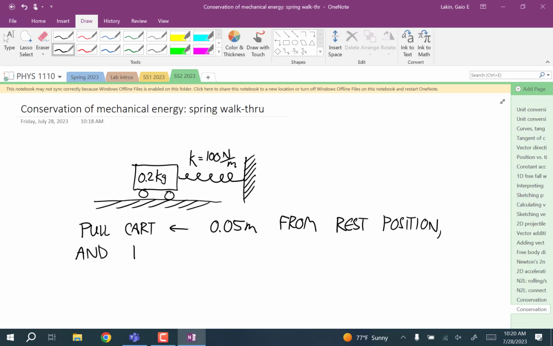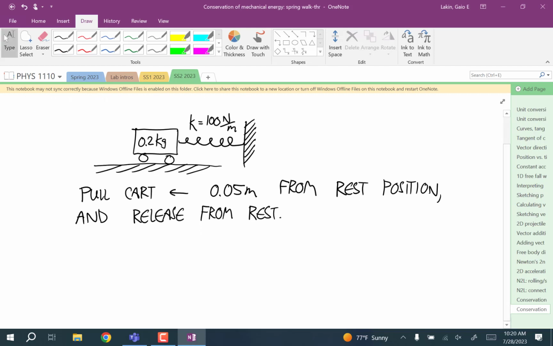And release it from rest. Then the question is, how fast is the cart moving when it's 1 centimeter from its resting length?